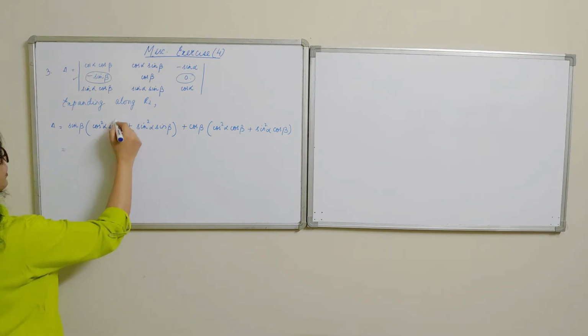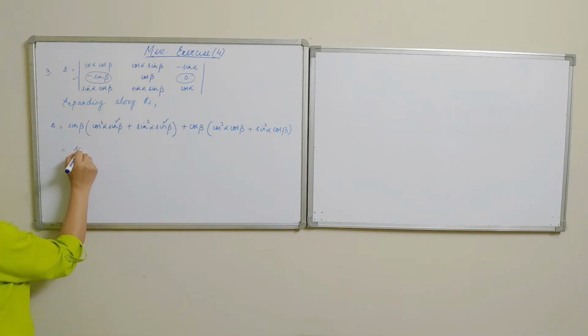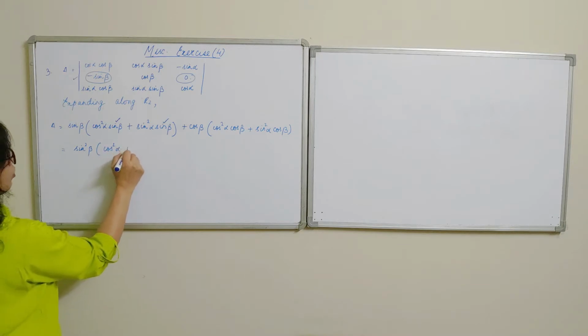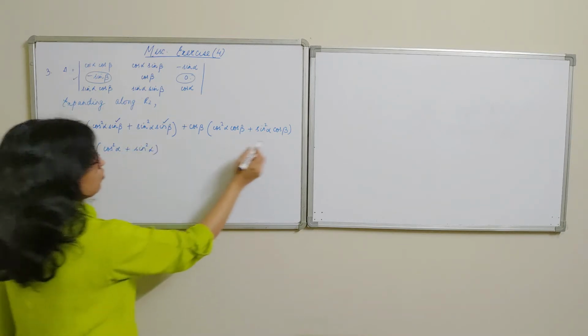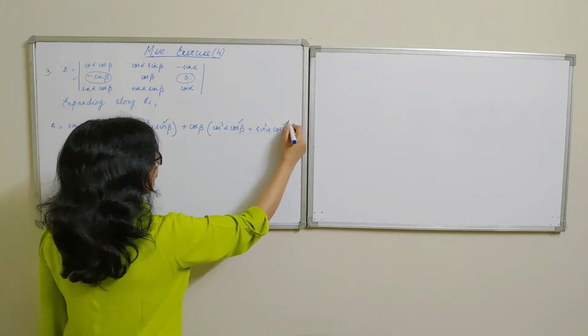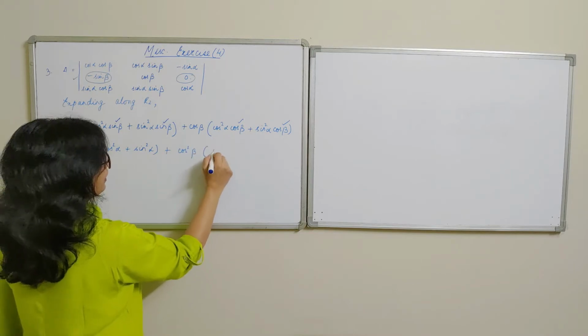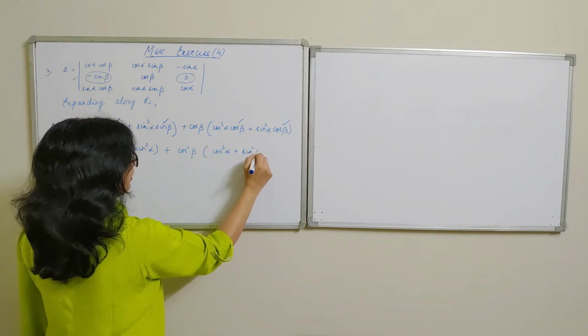So here you can see in this bracket we can take sin square beta common. So we have sin square beta (cos square alpha plus sin square alpha). Over here we can take cos square beta common. So we get cos square alpha plus sin square alpha.